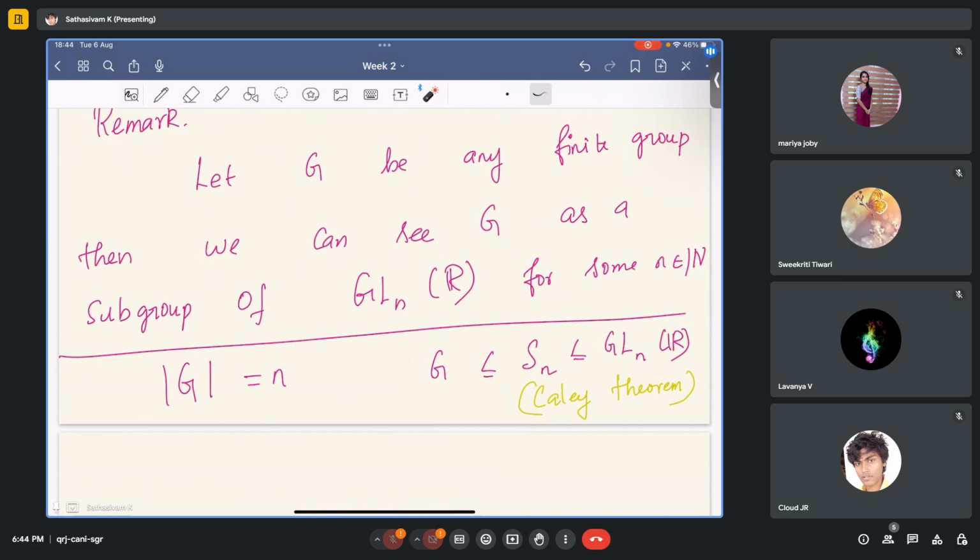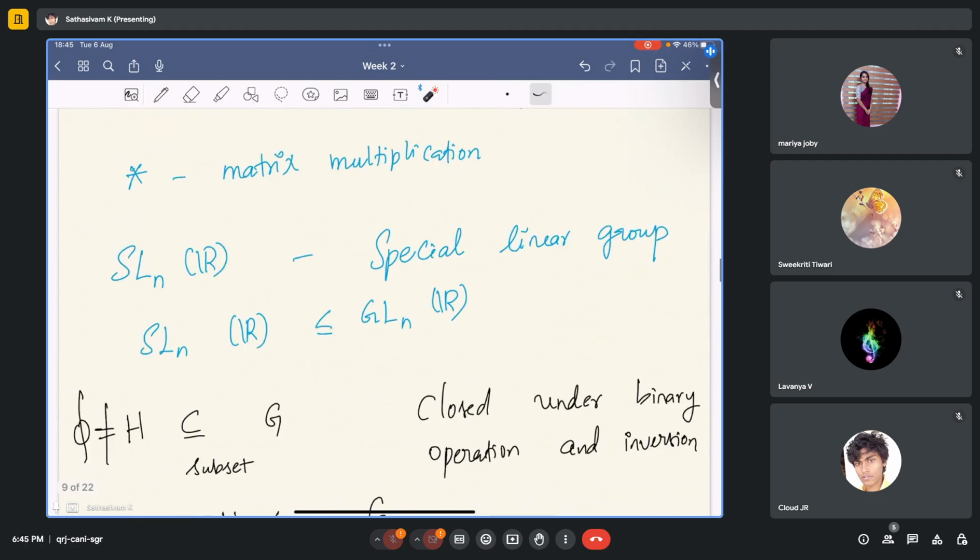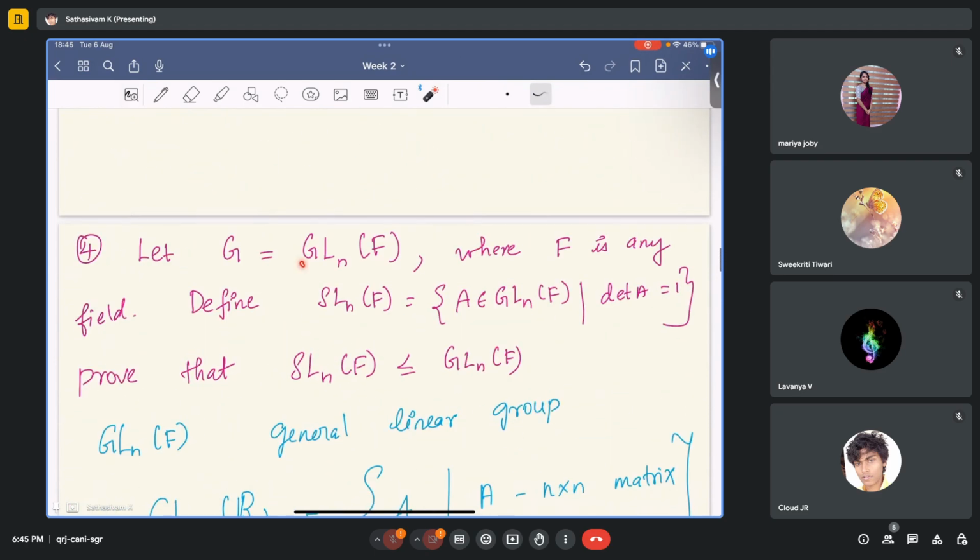So in that sense, GLn is very general. For any group you want to study, it's enough to study GLn. But it also tells us how complicated the subgroup structure of GLn is. If you want to study all the subgroups of GLn, it's the same as studying all the finite groups, and there are so many groups.